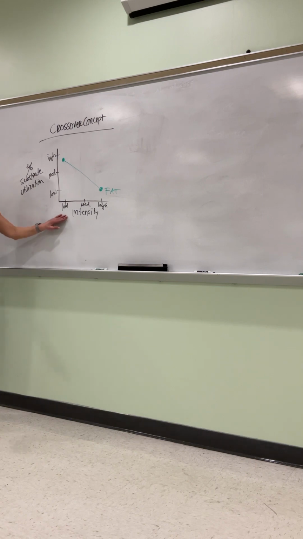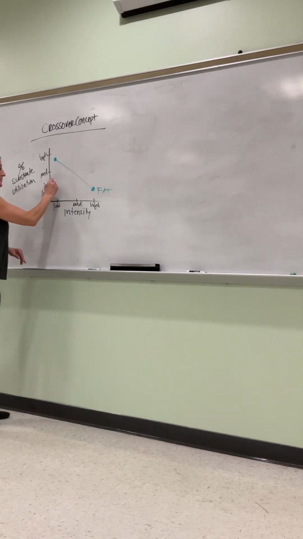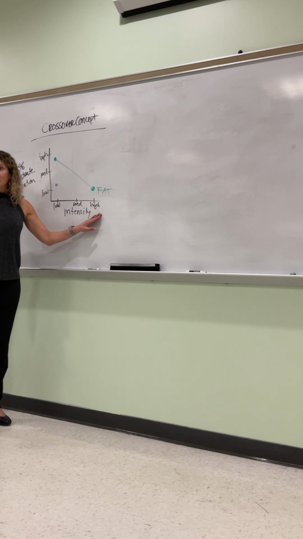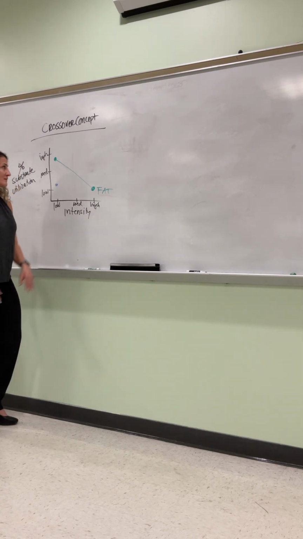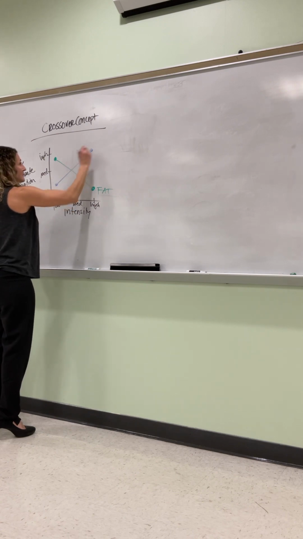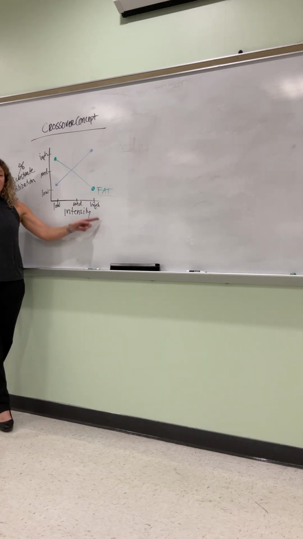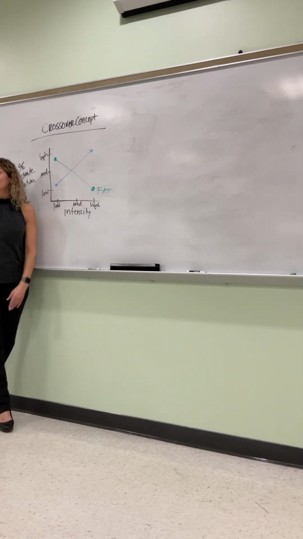At low intensity, how would you describe our reliance on carbohydrates? Low. It's low, but it can't be 0. So I'm gonna put it here. At high intensity, how would you describe your reliance on carbohydrates? It's high. That means as our exercise intensity increases, our reliance on carbohydrates increases.